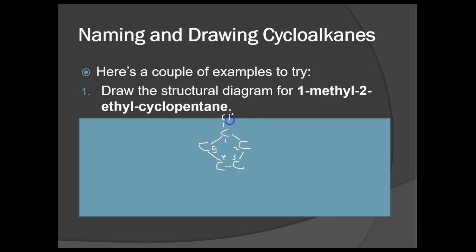So we'll put a CH3. And then we have an ethyl branch coming off of carbon 2. So that's going to be CH2, CH3. Okay, so this is a 1-methyl 2-ethyl cyclopentane. Hope that makes sense.